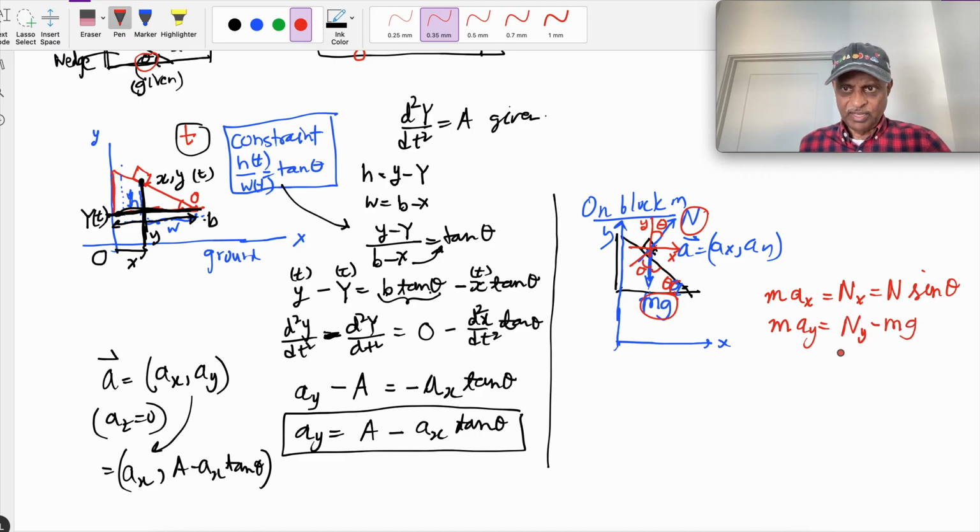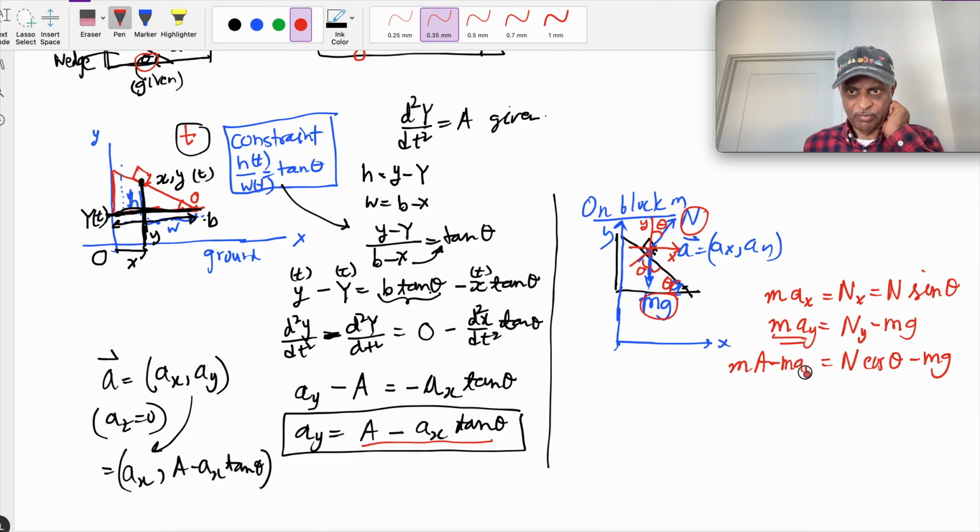The y component is n cosine theta, so this is n cosine theta minus mg. And over here we can clearly use this, get rid of y, so this is m a minus m ax tangent theta. So between this equation and this equation, if you get rid of n, I'll be home.